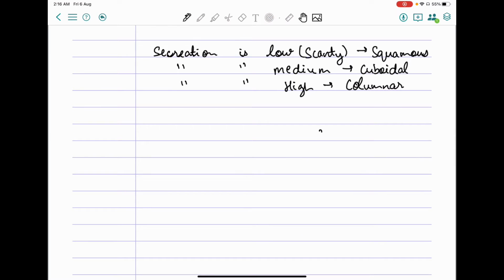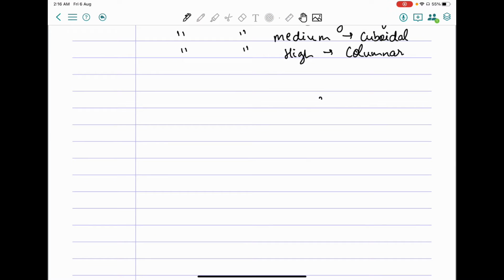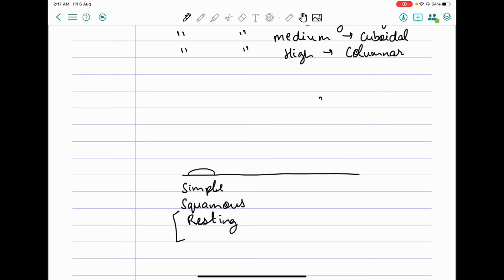Let's understand with a diagram. Here you can see a flat shape. What will it be? It will be simple squamous. In thyroid, this is also called a resting follicle, because the secretion is very low.